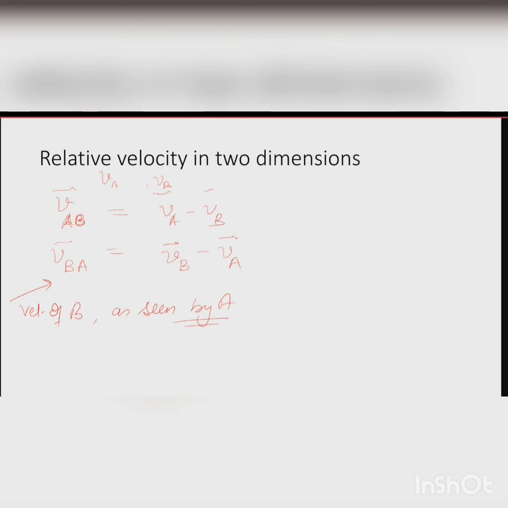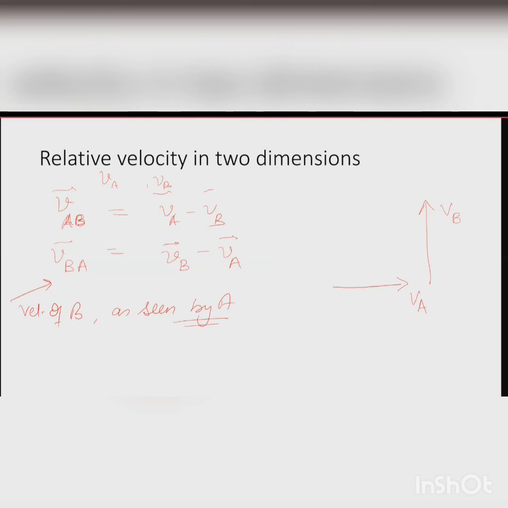Now the same thing we can replicate in 2 dimensions by use of vectors. We have already learned vector addition. So instead of working with individual values of velocity, I will start working with vector A and vector B. Say object A is moving along the x-axis and object B is moving along the y-axis.